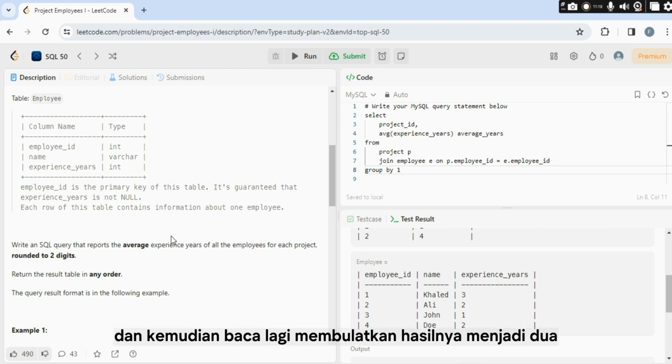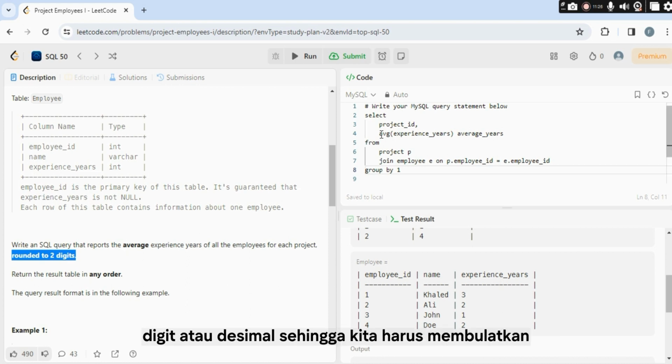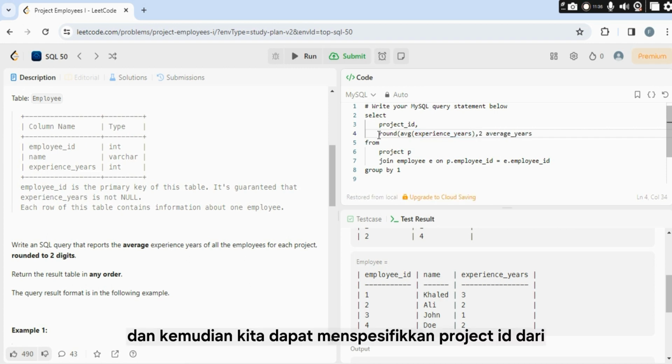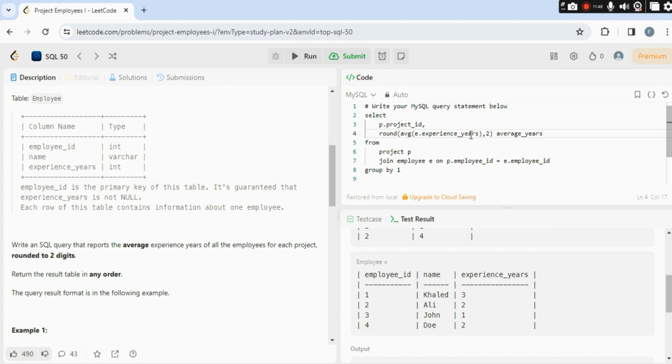And then read again: round the result to 2 digits or decimal places. So we have to round to 2, and then we can specify the project ID of the project, and the average experience years.